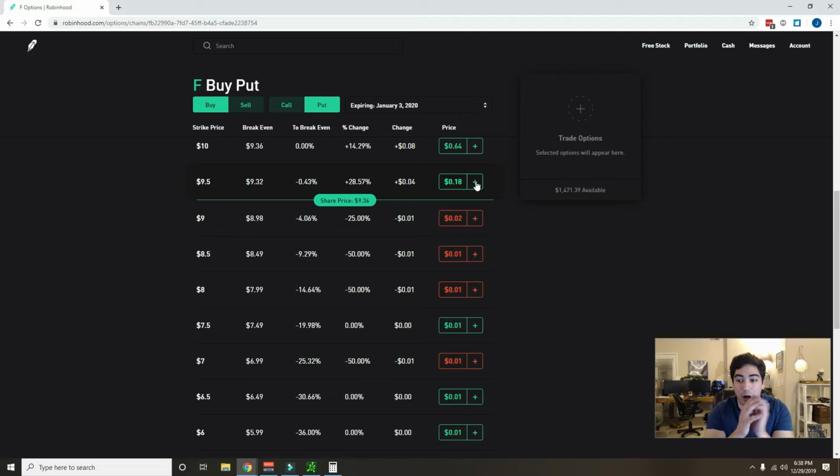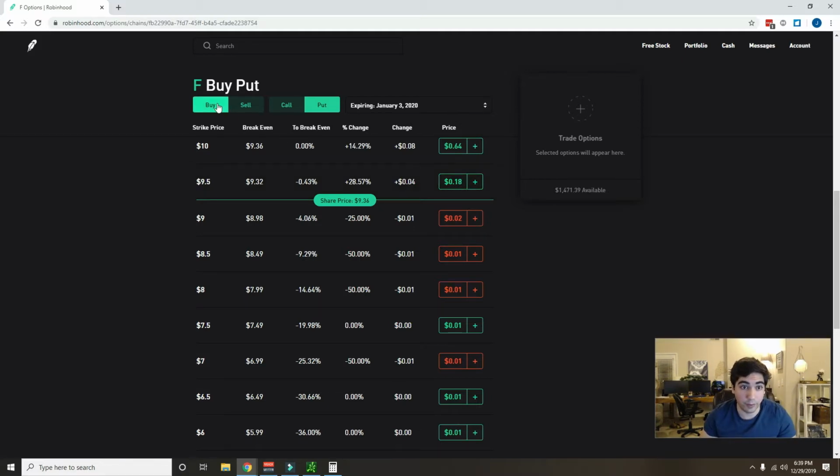Call and put option contracts always represent 100 shares, so you have to multiply whatever the price is by 100. That's going to be the actual price you pay.